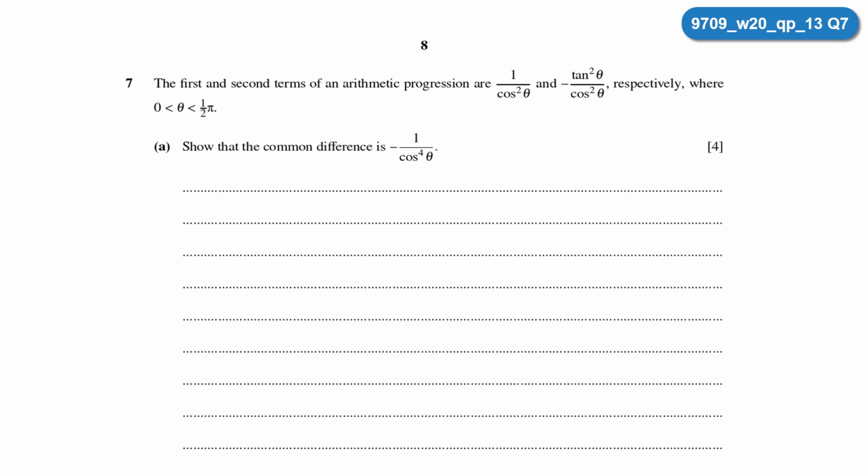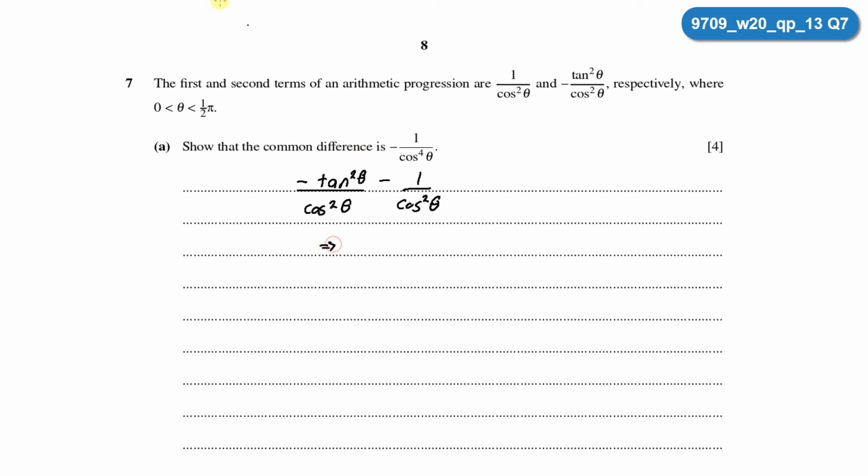So let's do that. I'll have minus tan squared theta over cos squared theta, and I subtract 1 over cos squared theta. So this is what's going to give me the common difference. Let's simplify this.